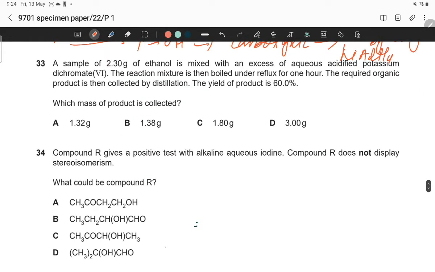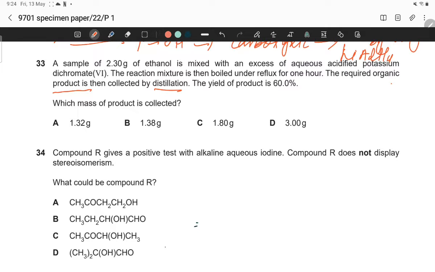33. A sample of 2.30 gram of ethanol is mixed with an excess of aqueous acidified potassium dichromate. The reaction mixture is then boiled under reflux for 1 hour. The required organic product is then collected by distillation. The yield of product is 60%.